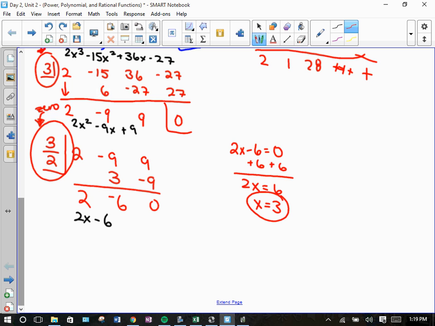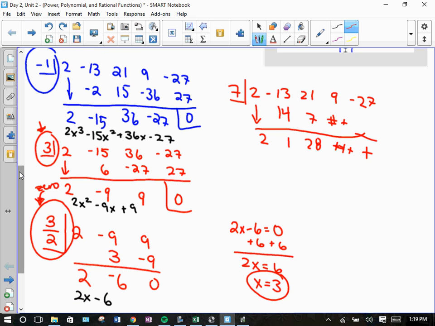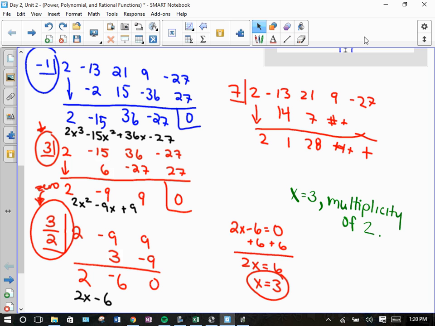Alright. So what we have here is our zeros are -1, 3 happens twice, 3/2 happens once. Alright, so what we say about x equals 3 is it is a zero with multiplicity 2. x equals -1 and x equals 3/2 have a multiplicity of 1.